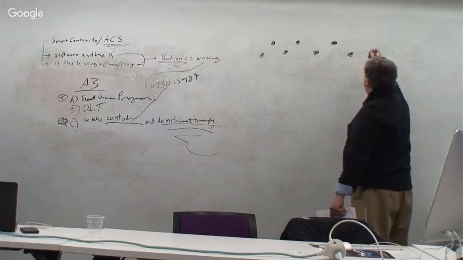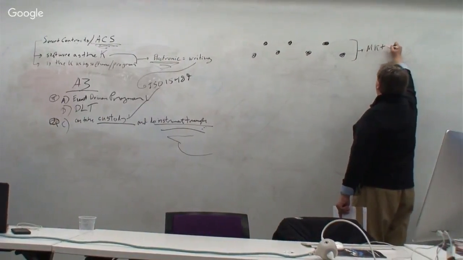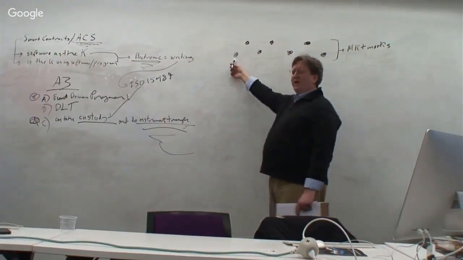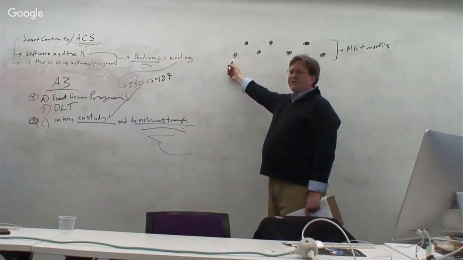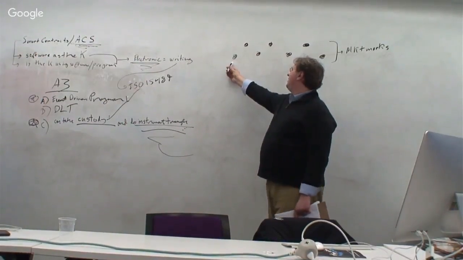So each of these dots right here are market marks. This one could be the price of natural gas to fire the cogeneration plant in the microgrid the day before.